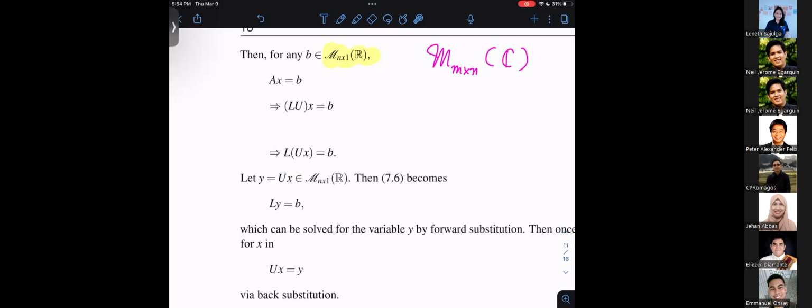And the trick here is to let Y be equal to UX. So we are just changing the variable. Instead of the unknown vector X, I'll replace it by the product UX. And that's still well defined, right?